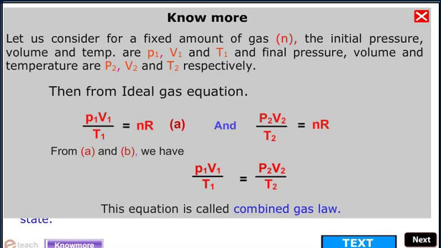Let's call this equation A. And P2V2 by T2 equals nR. Let's call this equation B. From equations A and B, we have P1V1 by T1 equals P2V2 by T2. This equation is called the combined gas law.